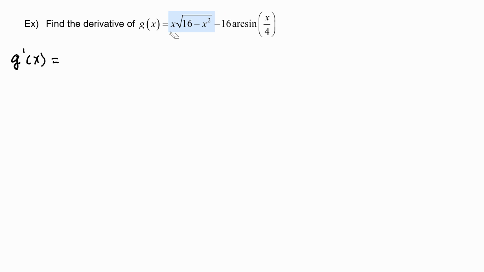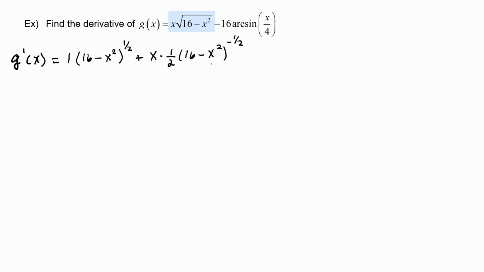So the derivative of the first would be 1 times the second. I'm going to write that as 16 minus x squared to the half, plus the first, which is x, times the derivative of the second. So that's going to be 1/2 times 16 minus x squared to the negative half.